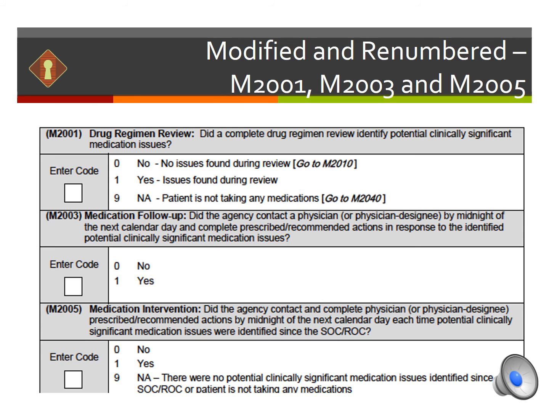We also see, in relation to these medication questions, that there's been some renumbering and modifications. What's interesting is that I looked at it the first time and thought, it doesn't look different. What's wrong with it? Well, what they did is they got rid of the word problem. The problem issue, I think, has always been kind of a, well, this really has changed it to identifying clinically significant issues.